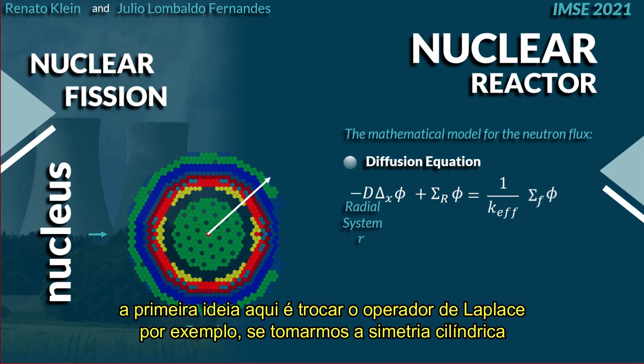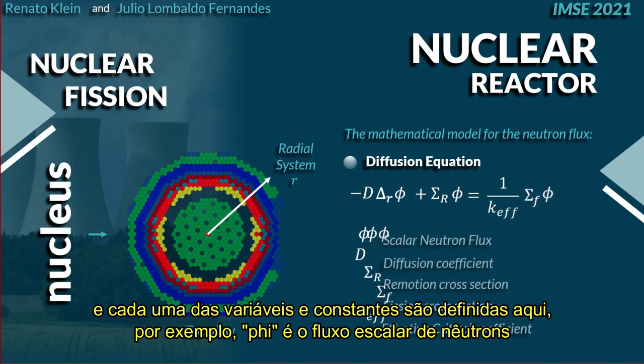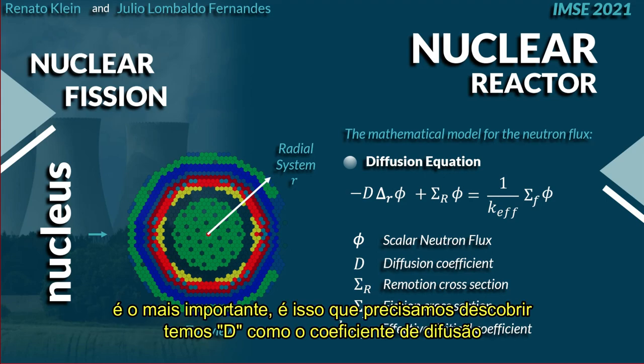So the idea here first is to change the Laplace operator. If we use cylindrical symmetry, the operator is like this one, and we need to change it. Phi is the scalar neutron flux, the most important quantity that we need to know.